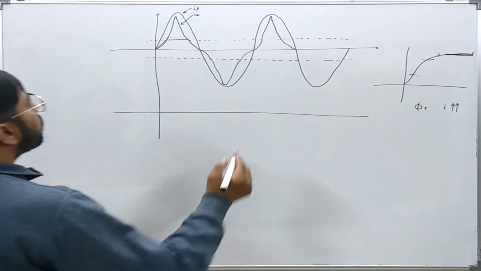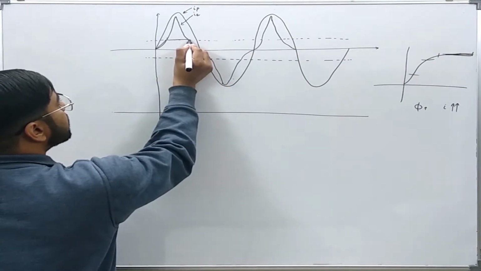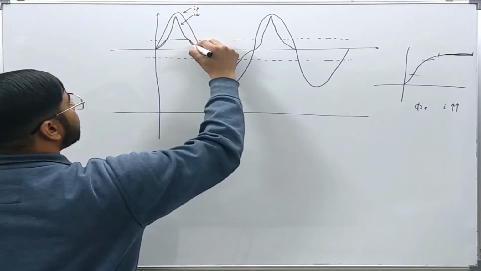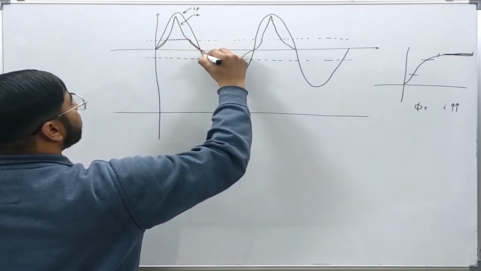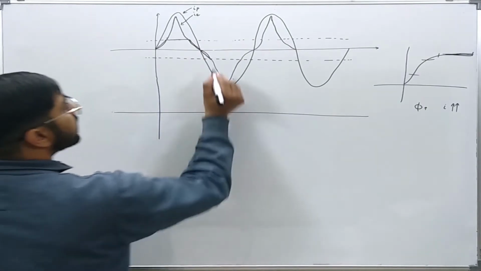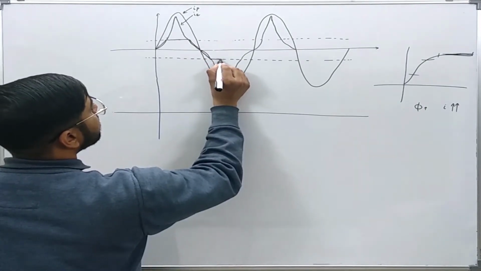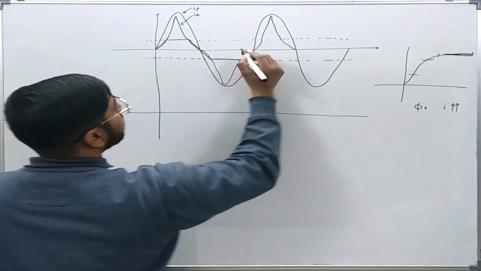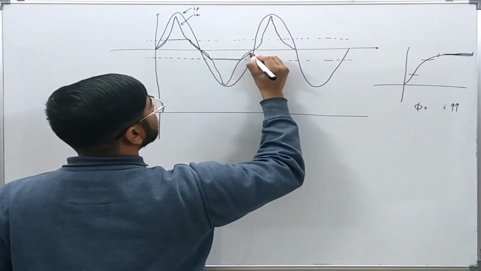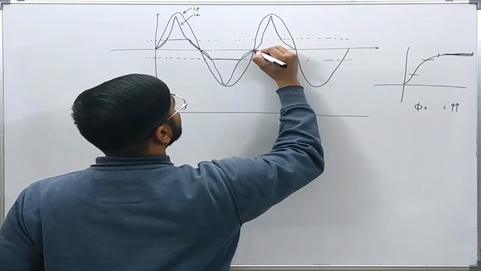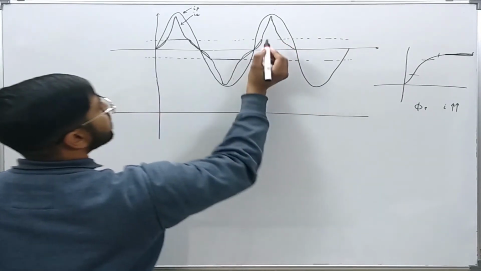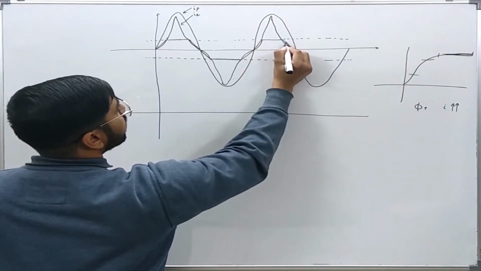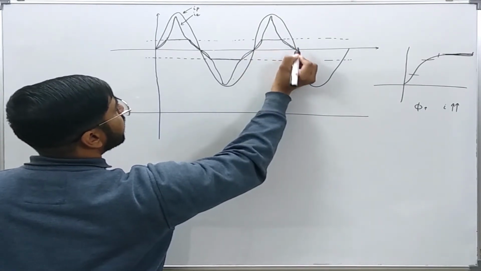Now again here below saturation, the flux will again change to the linear part and it will be decreasing like this. Then again the flux will be saturated here, then again it will reduce like this, then again it will be saturated here, then again it will reduce like this.